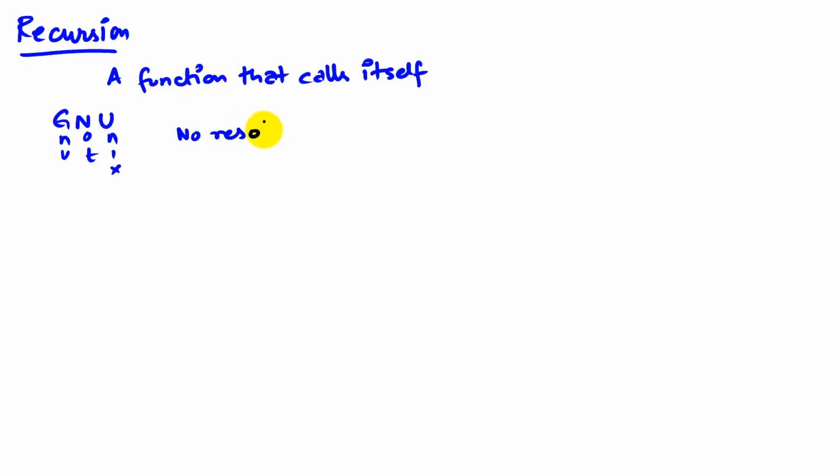We never really answered what GNU is. We just said GNU is not Unix, which refers to itself. It turns out this is okay in languages, in speech. But Ramesh, what happens if a program calls itself over and over and over again?